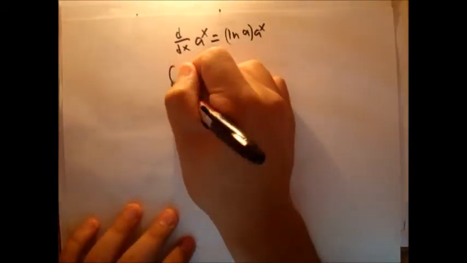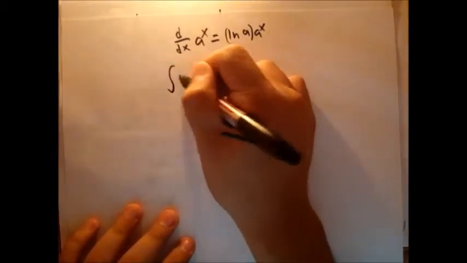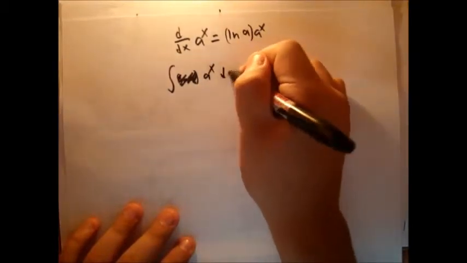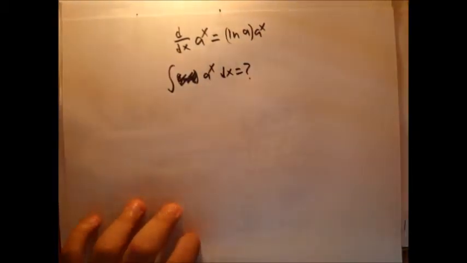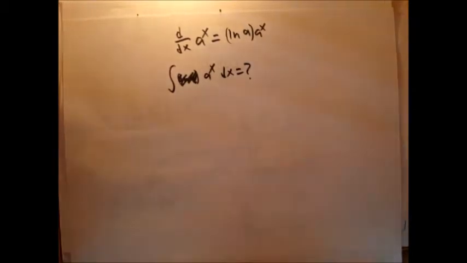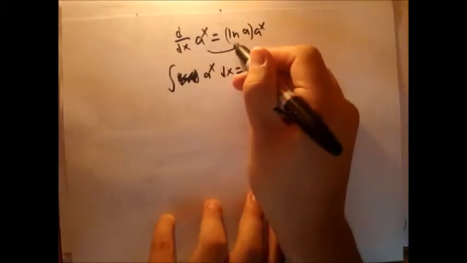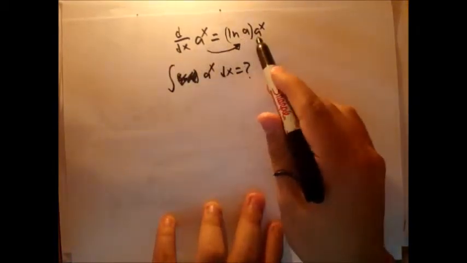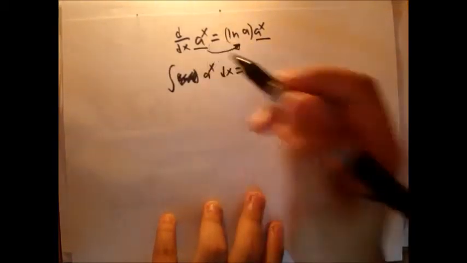Well, what about its integral? What is the integral of a to the x? So, how would we find this? Well, there's a very tight connection between the derivative of a to the x equals ln a times a to the x. You see how this always remains constant?